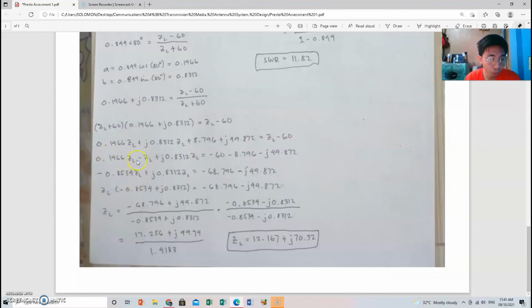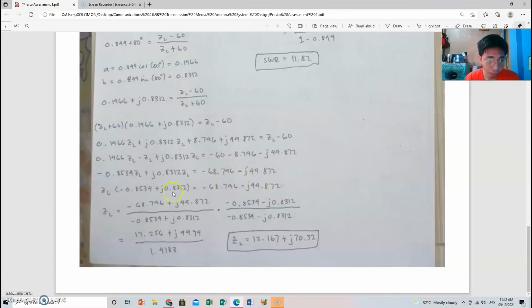By combining these two terms, subtracting them to each other, this becomes negative 0.8534 ZL plus, copy this one, J 0.8312 ZL is equal to, we can combine these two terms, negative 68.796 minus, just copy this one, J 49.872. And again, by factoring out the ZL variable, so ZL quantity negative 0.8534 plus J 0.8312 is equal to, just copy the right term again.